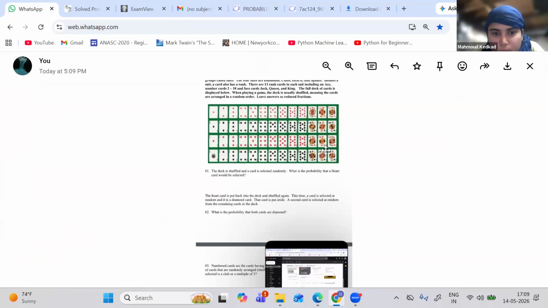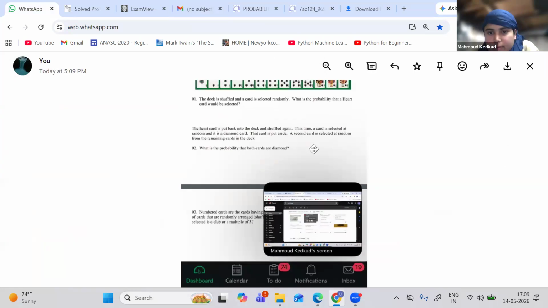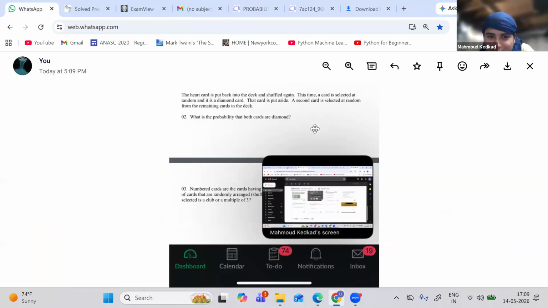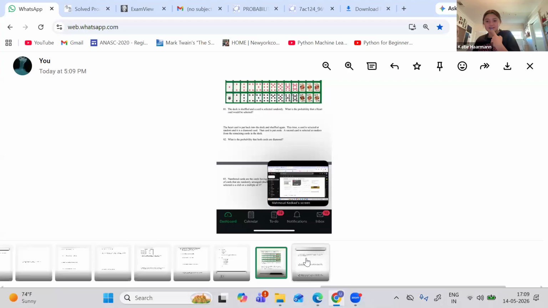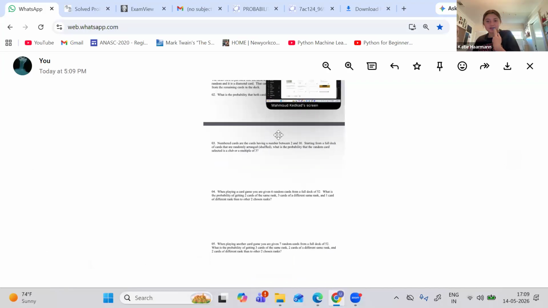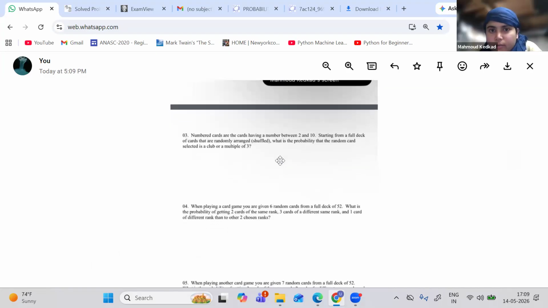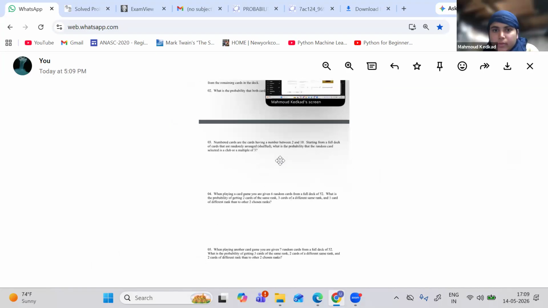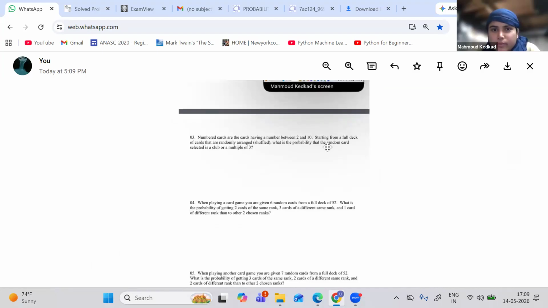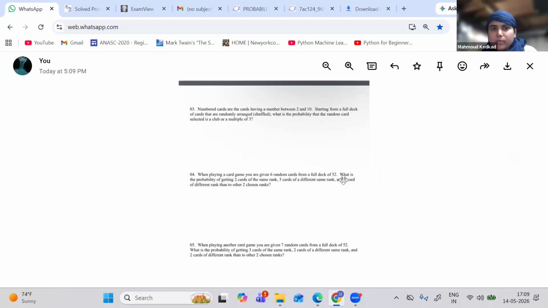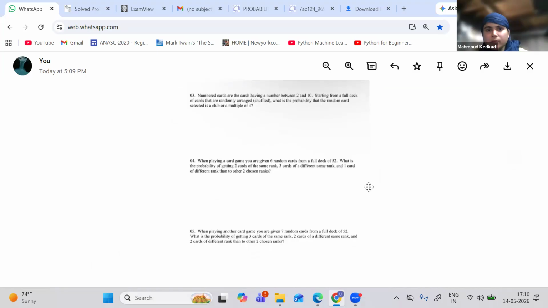Okay, so you did 1, 2, and the third one. I can't see the whole thing. Here, go to the next picture. Yes, yeah. Numbered cards are the cards having a number between 2 and 10. Let me paste the problem here. Starting from a full deck of cards that's randomly shuffled, what is the probability that the random card selected is a club or a multiple of 3?